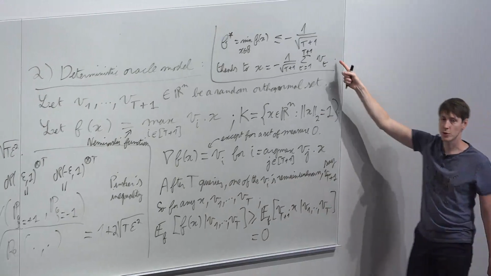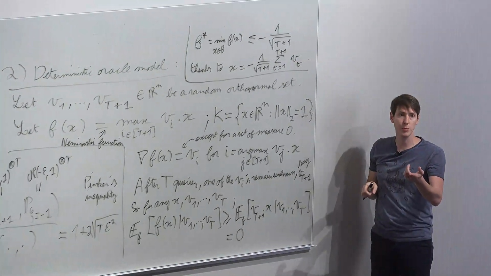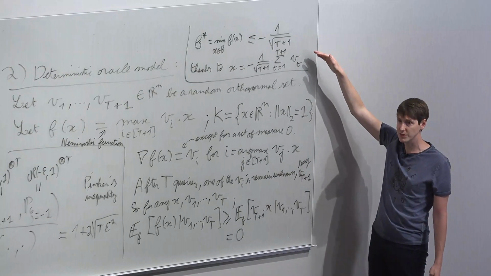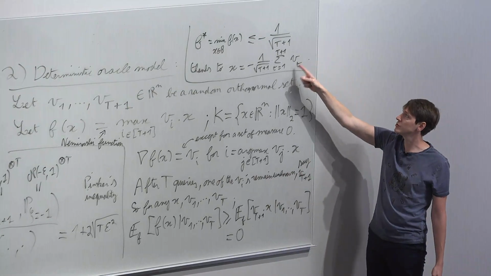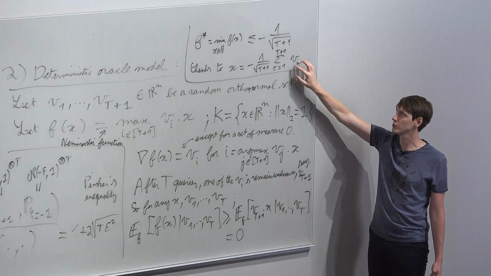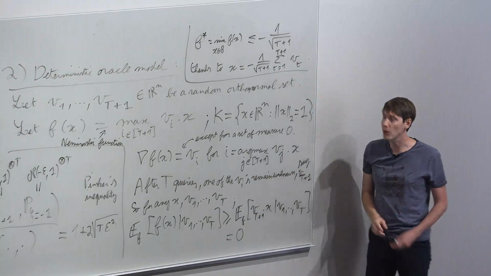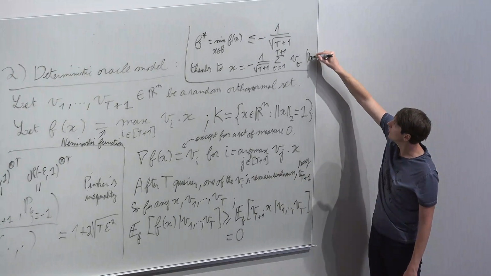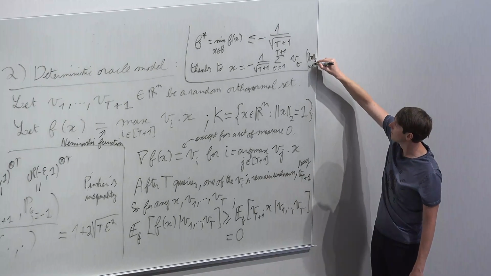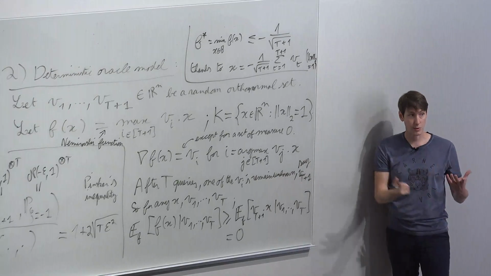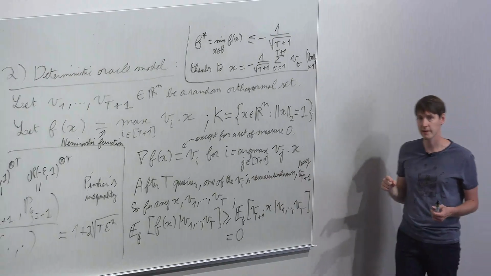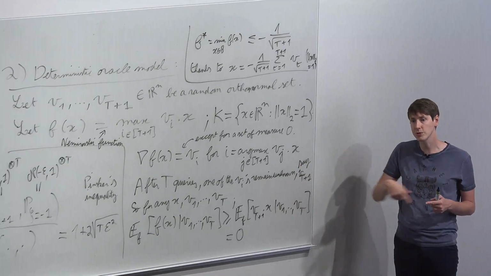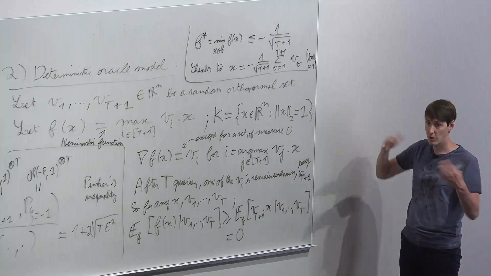This is a point in the L2 ball. If I expand the Euclidean norm squared of this thing, I get the sum of the Euclidean norms squared of those guys, which is 1, rescaled by 1 over t plus 1. So the norm of x is 1. This is a point on the sphere, just like if I'm in dimension d and I look at the point 1 over square root d, 1 over square root d, etc., this is on the sphere.